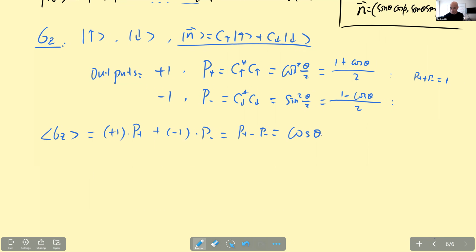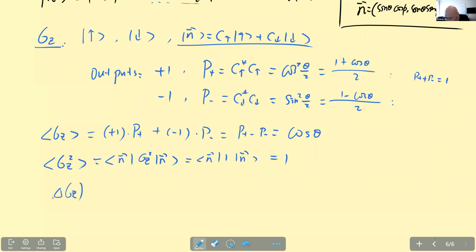What is the variance? To look at the variance, we need to consider sigma z squared averaged. But sigma z squared is just 1, so the average of 1 is just 1. So then what's the variance? That's sigma z squared averaged minus sigma z averaged squared, which will be just 1 minus cosine squared theta.